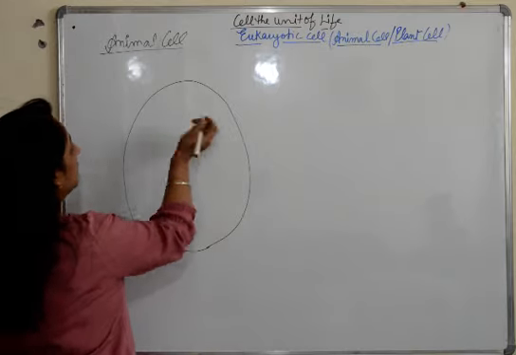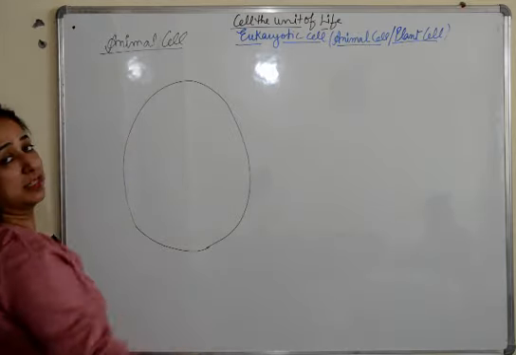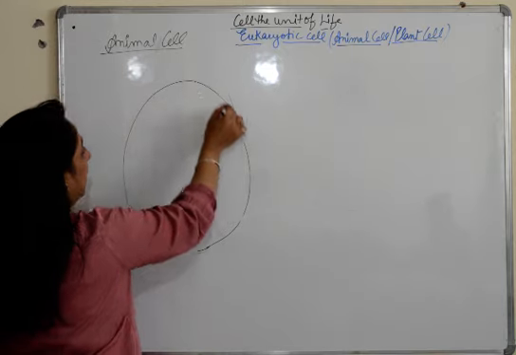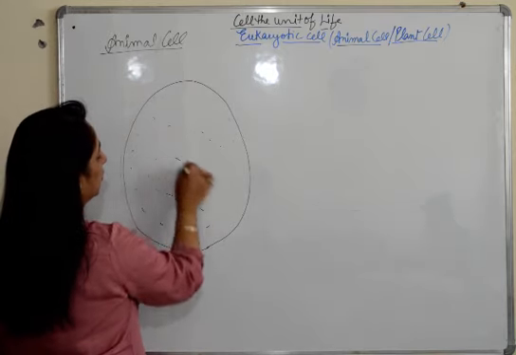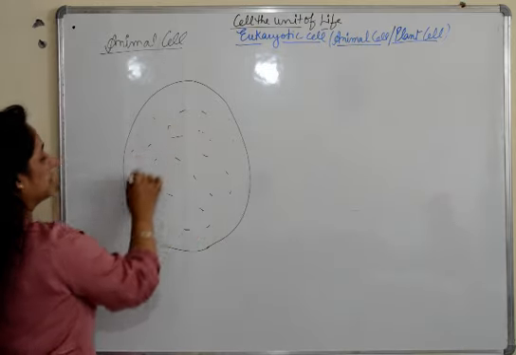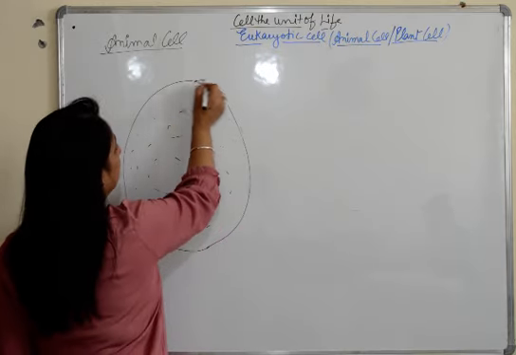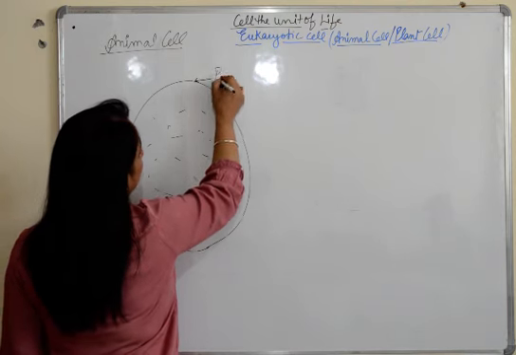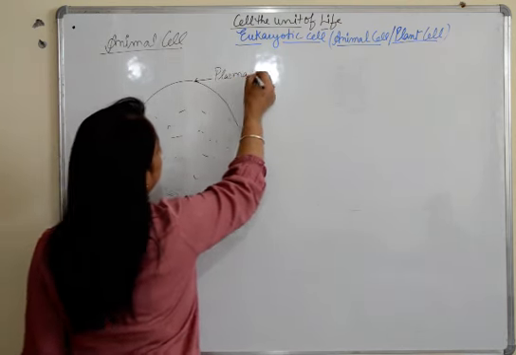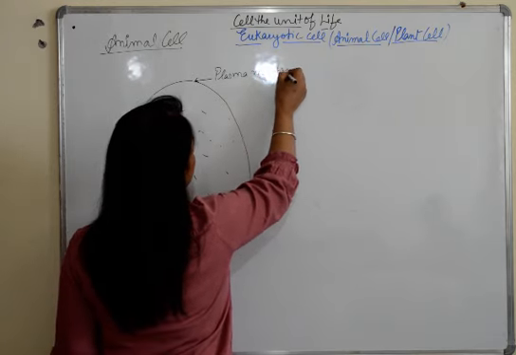So the animal cell has a plasma membrane or cell membrane surrounding it, and it has a semi-fluid, or you can say semi-liquid, substance present inside it, known as the cytoplasm. So we'll keep on labeling that this is the cell membrane or the plasma membrane.